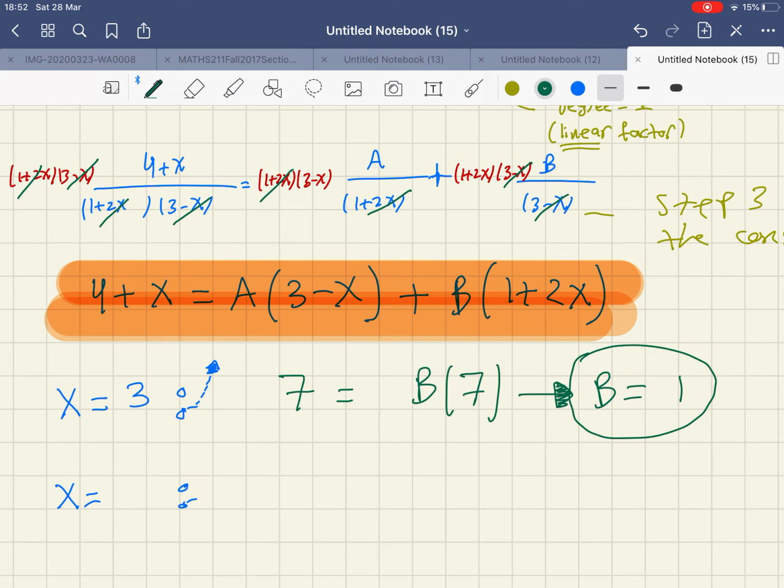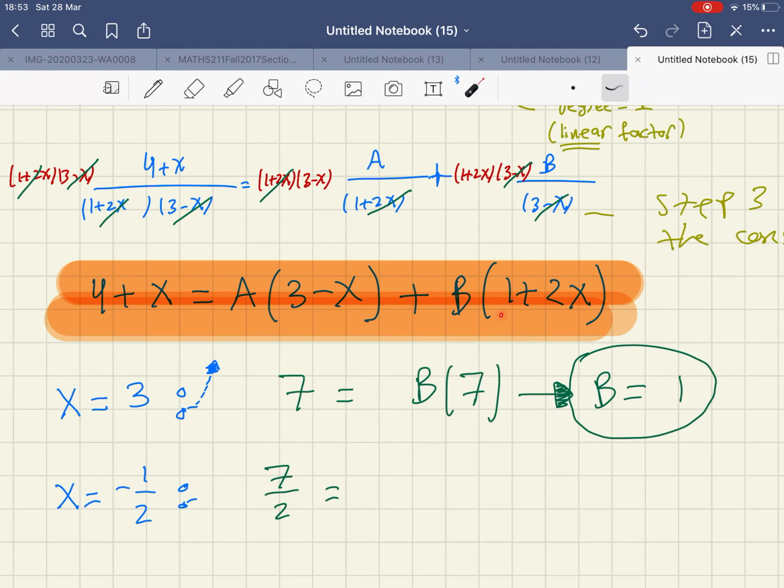We need to do the same thing, but now for the other number, which makes this one equal to 0. We said it is -half. Now, can you substitute x equal -half here? I think we will get 7 over 2. Just check it with your calculator.